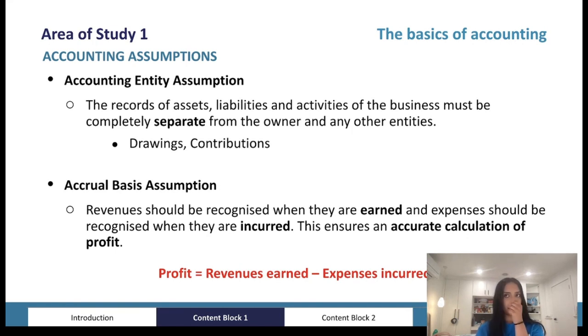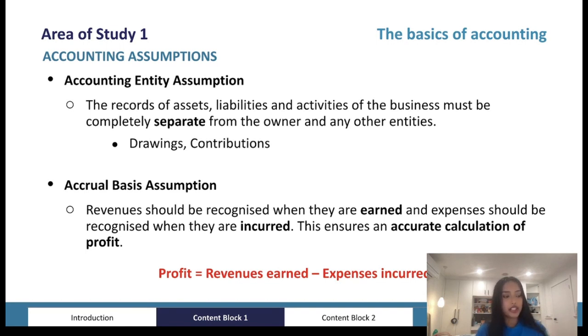Because some business owners, especially small business owners, are really, really involved in their business. So a lot of small business owners sometimes think of their business as a part of themselves, which could be true, but financially they need to be treated as separate entities.